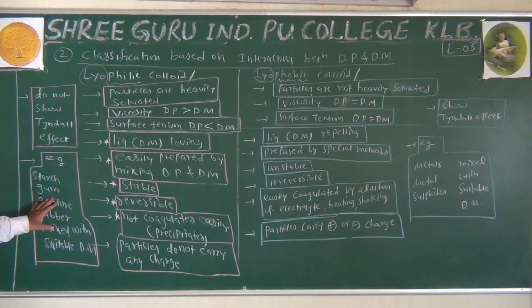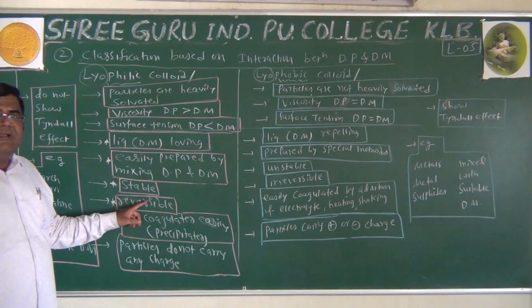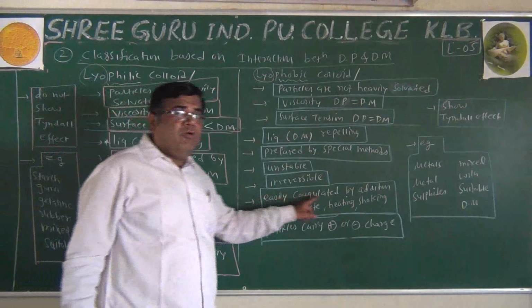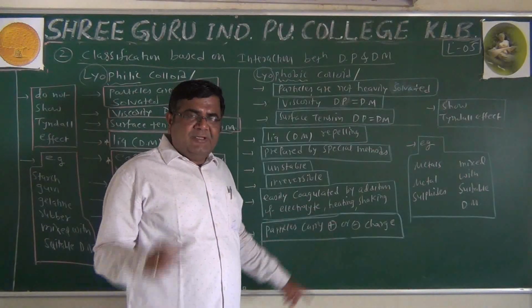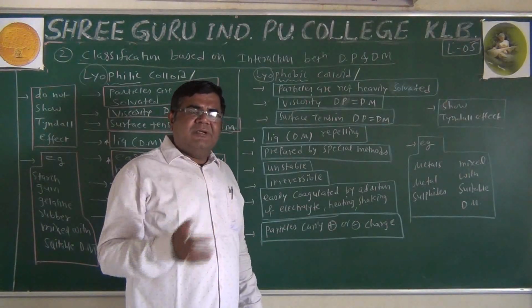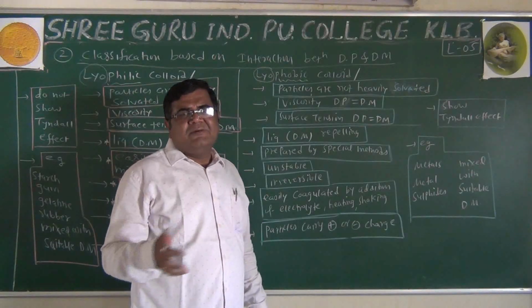So this is the classification based on interaction between DP and DM: lyophilic colloid, lyophobic colloid. The name itself indicates the properties we can come across.